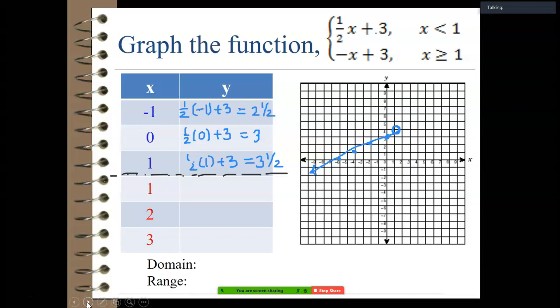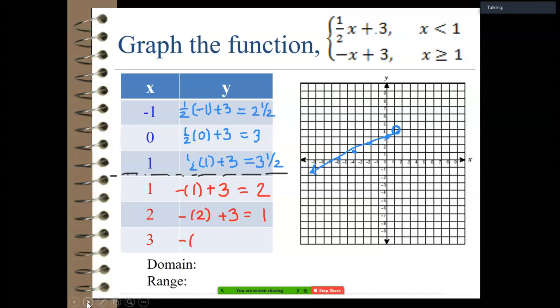At 1, my graph is going to jump to the new equation, -x plus 3. So now I'm going to plug 1 into -x plus 3, and I get 2. I plug -2 into x plus 3, and I get 1.